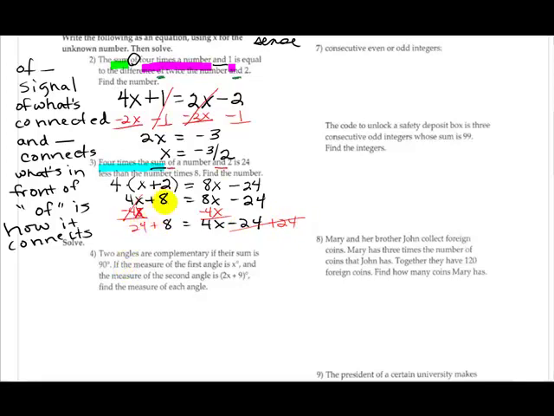So plus 24. And then 24 plus 8 is going to give us 32. Then we can divide by 4. I'm running out of space. Divide by 4. And x is going to equal 8.